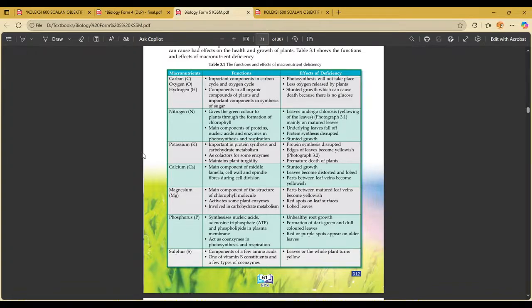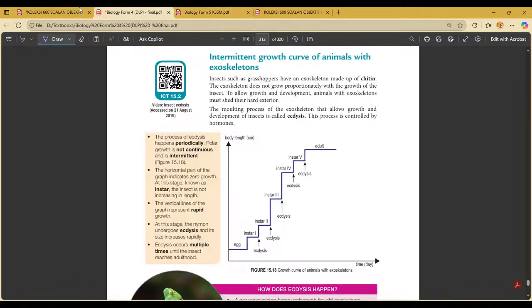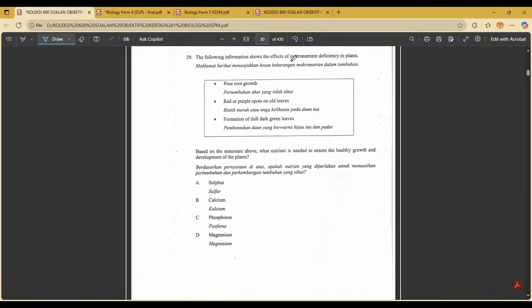Photosynthesis will not take place. Less oxygen, sun to grow. It's not micronutrients because the question specifically says macronutrients.